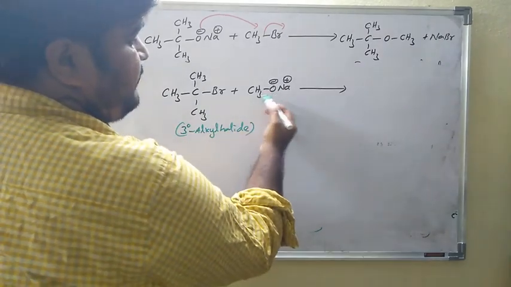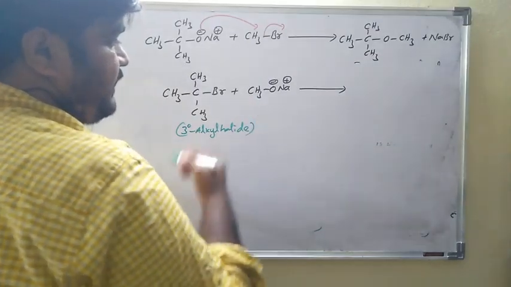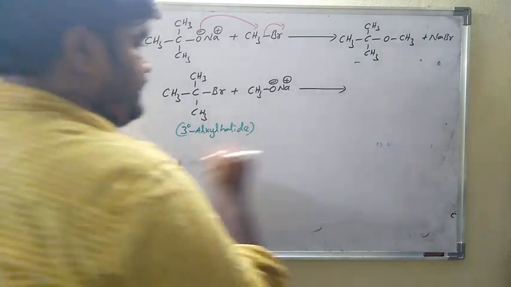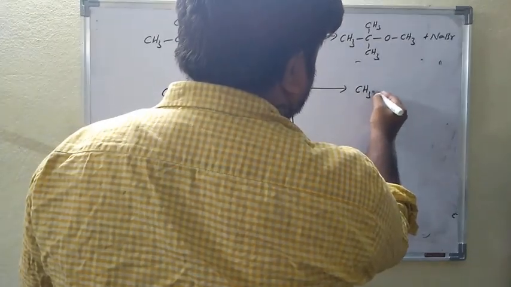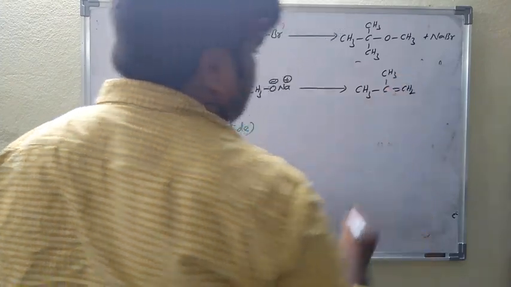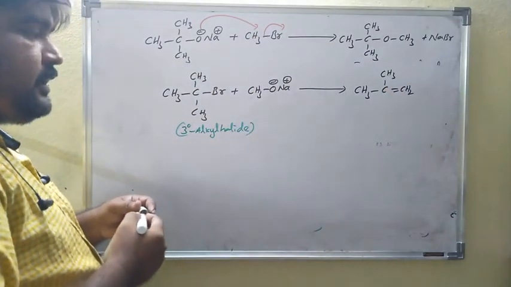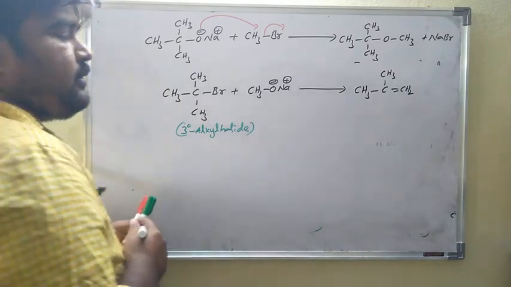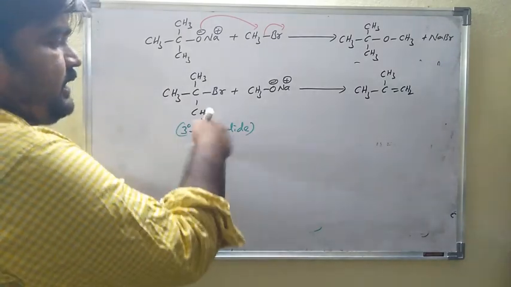It is sodium methoxide. Then what happens here is an elimination reaction. The product is CH3-C(CH3)=CH2, 2-methylprop-1-ene.